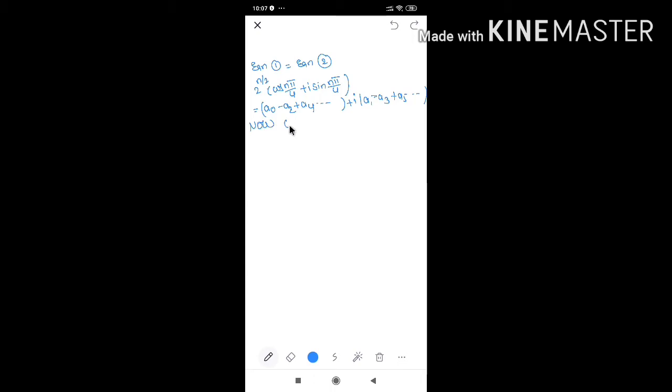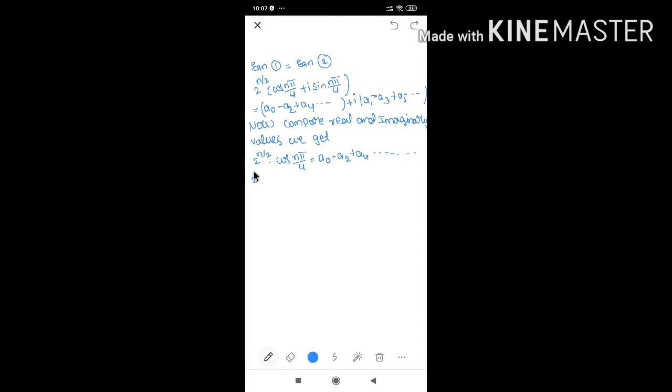Now compare real and imaginary values, we get: first we are comparing real values, 2 to the power n by 2 into cos n pi by 4 is equal to a0 minus a2 plus a4 like so on.